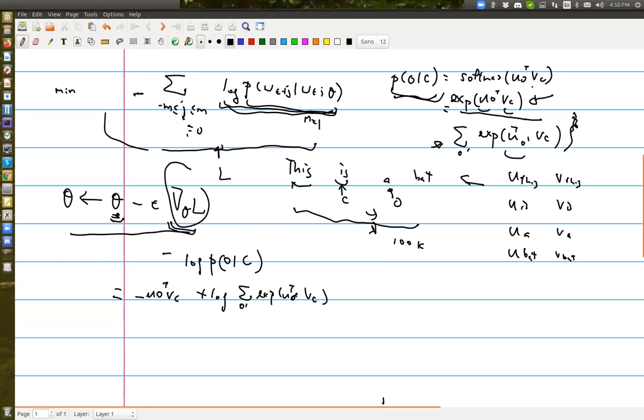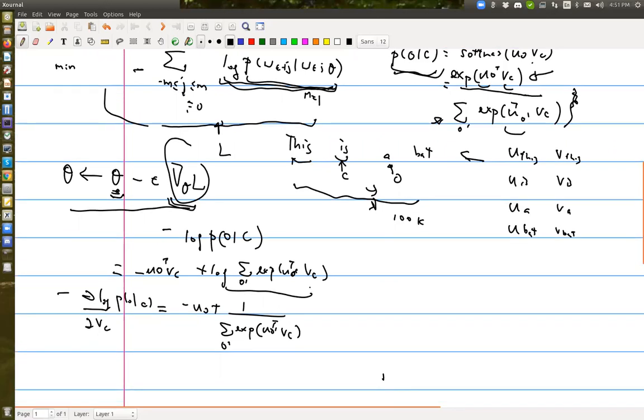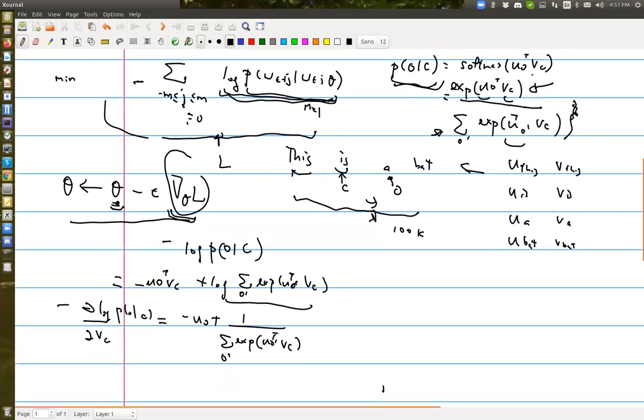Let's take the derivative of this with respect to V_C. So, minus log P(O given C) with respect to V_C. The first term will just give us minus U_O. For the second term, I first take the log, so I take the inverse of the sum of exponential of U_O prime transpose V_C, and then take the derivative of this with respect to V_C.